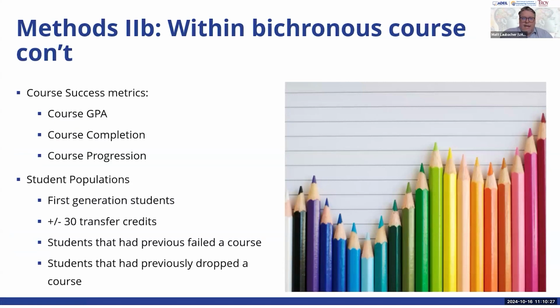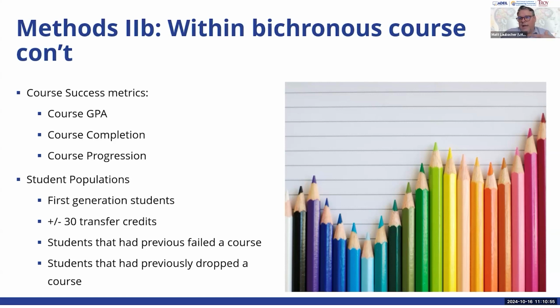A second level of analysis was completed with the assistance of the Office of Institutional Effectiveness, which examined student success metrics across different potentially at-risk populations. The student success metrics that we selected to evaluate were course GPA, course completion rate, and course progression rate. And the different student populations were those with generational status, so first generation students, and those with plus or minus 30 transfer credits.